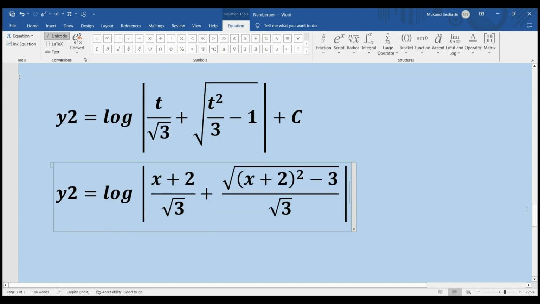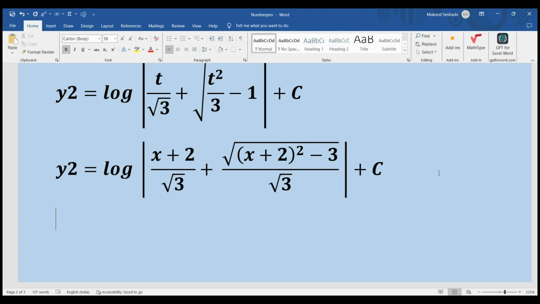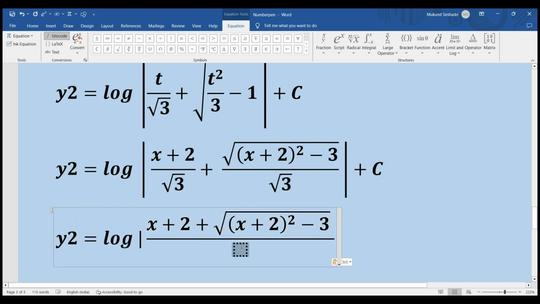I have made root 3 common to the first part and the second part, which means that I have an expression of the type log a by b, where b is a constant. So let me write it once again in a manner that will help you understand. Then I have a divided by root 3, and root 3 is a constant. And I know that log a by b is nothing but log of a minus log of b.